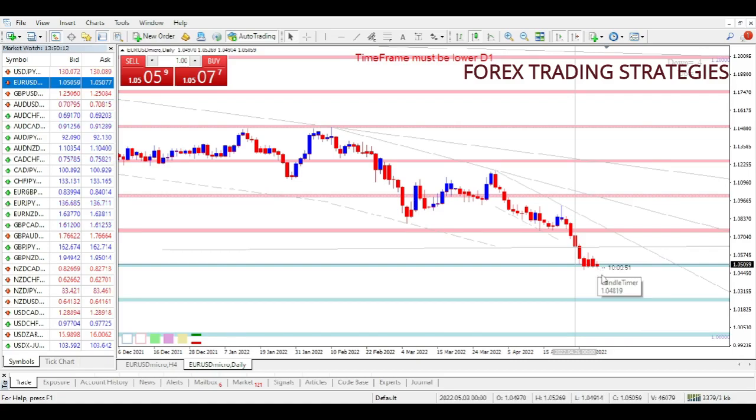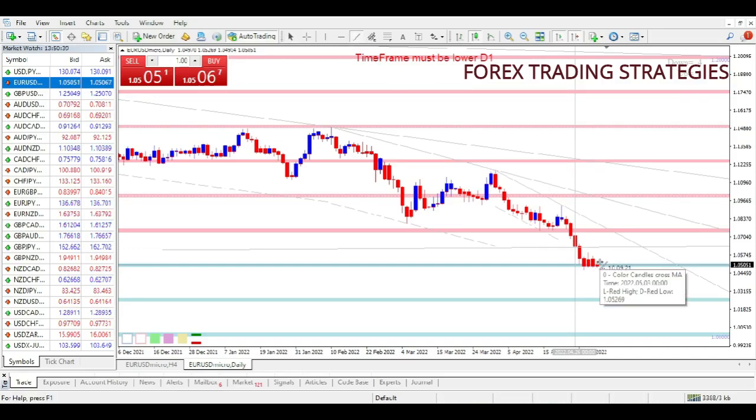But if we break through this level, then the bears will jump in on this, and everybody would sell. But if the bulls have been holding this level for 4 days, let's see what happens.